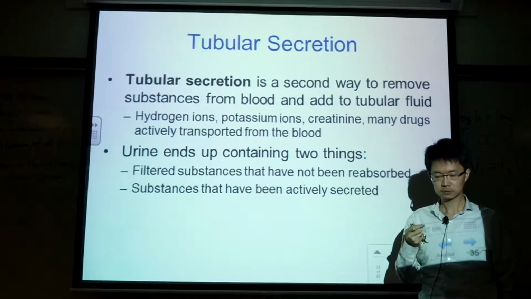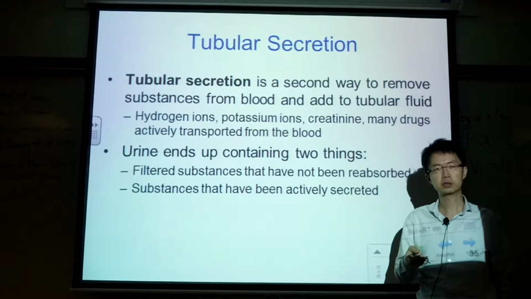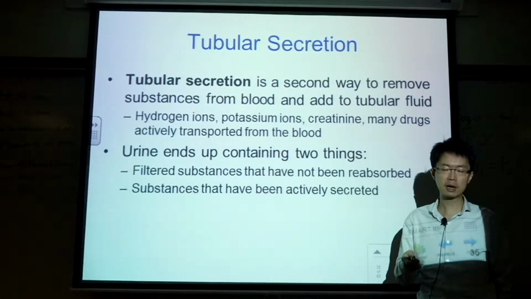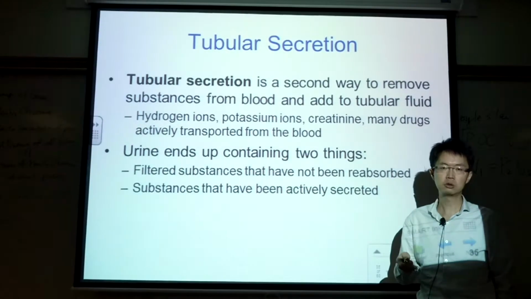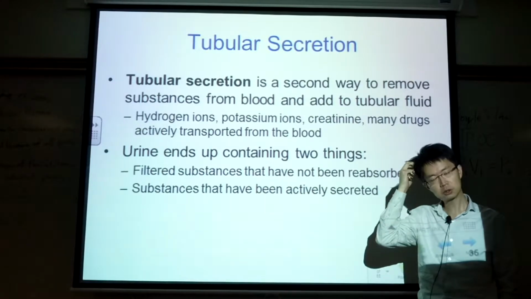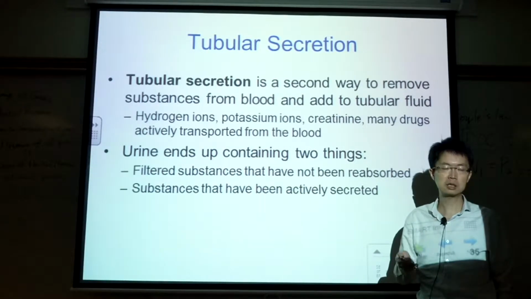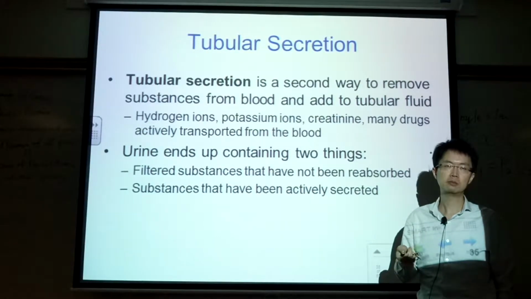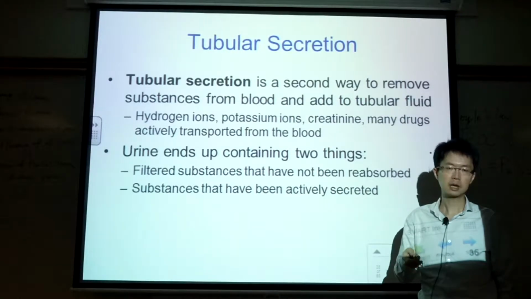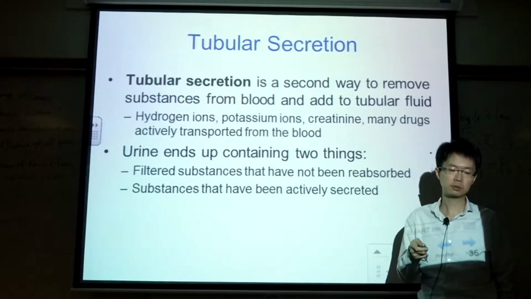Filtration should be defined as the substances going from your glomerular capillary into your glomerular capsule. So that is the filtration. And then reabsorption is generally defined as the movement of substances from your kidney tubule back to your capillaries. That is the reabsorption.